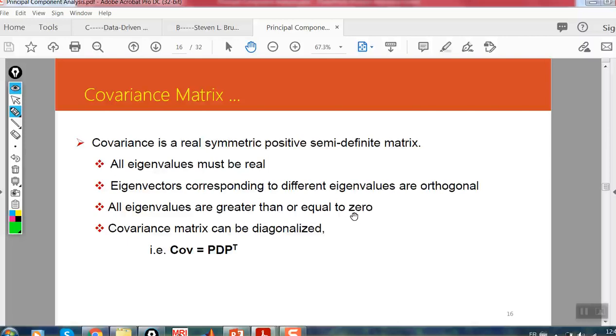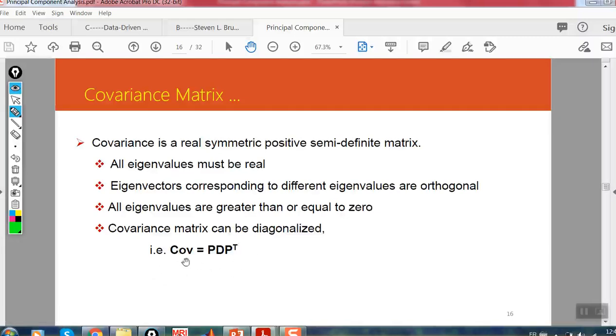It means that the eigenvalues are not negative. Okay, they are 0 or greater than 0. And then the covariance matrix can be diagonalized. It means that we can decompose the covariance matrix into this matrix.